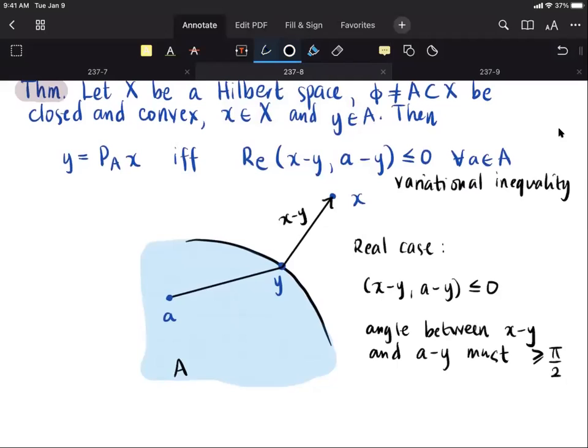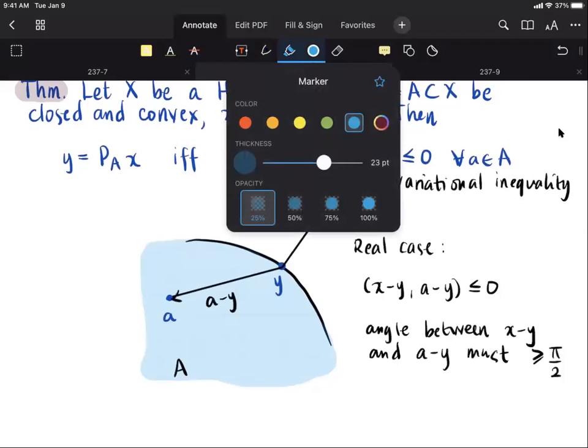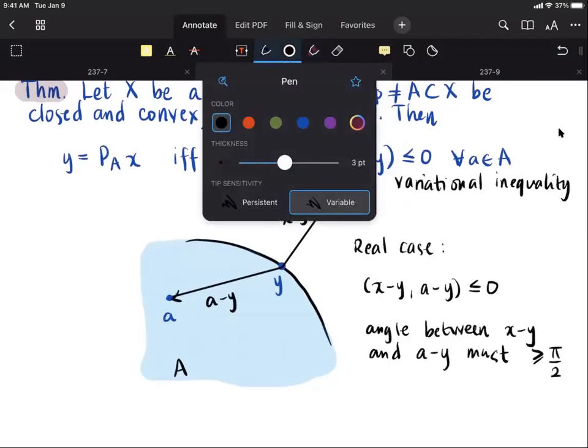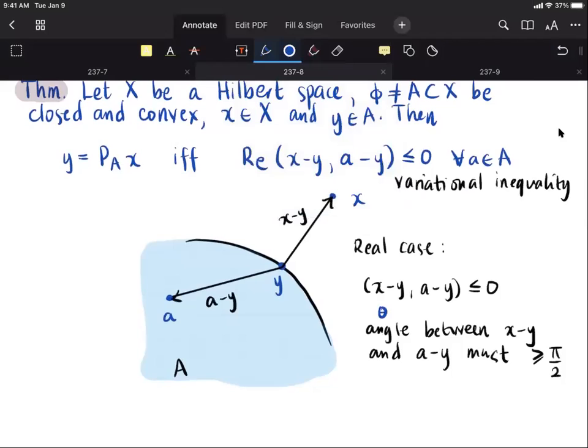So a minus y would be this vector. So the angle, let's say theta, must be greater than or equal to 90 degrees.